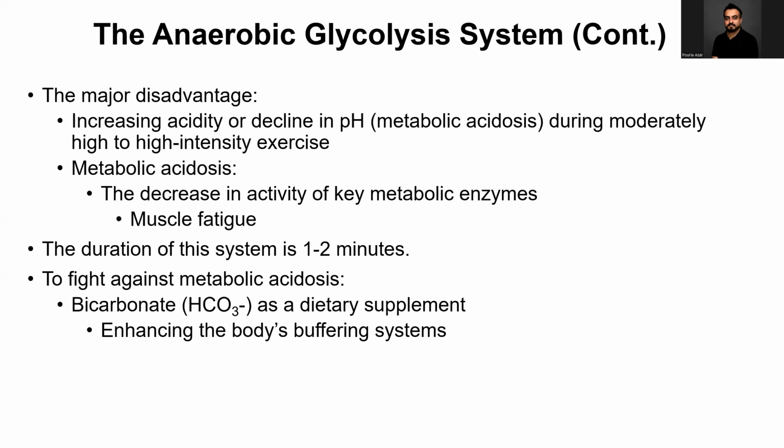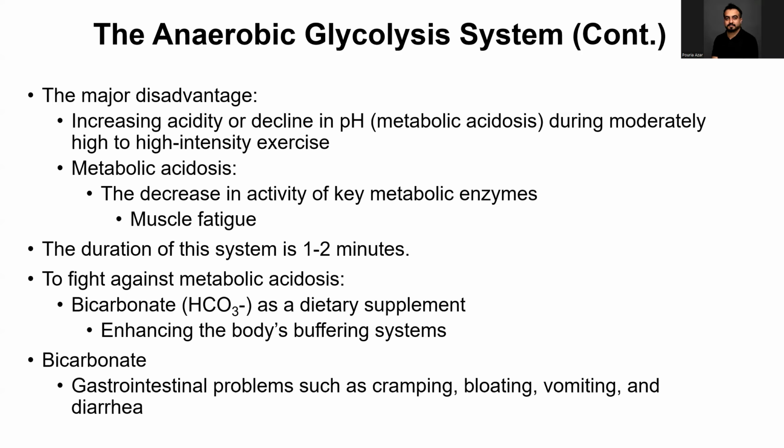It can fight against acidity or lactic acid, in a way eliminating the lactic acid. So this is one strategy to fight against metabolic acidosis. And this bicarbonate supplement can cause some problems like gastrointestinal problems, cramping, bloating, vomiting, and diarrhea.